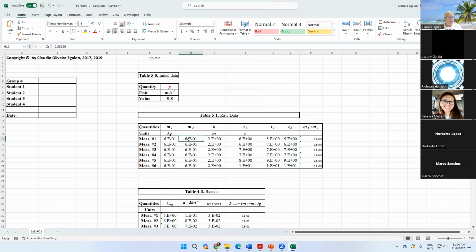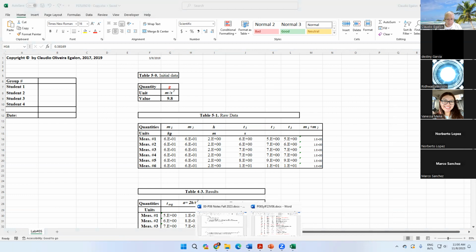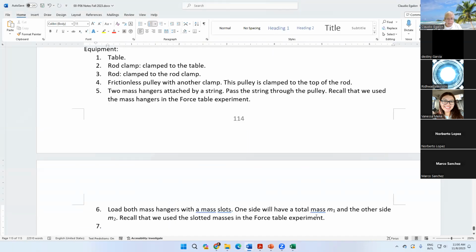M2 is greater than M1. So because M2 is greater than M1, the system will accelerate in the direction of M2.